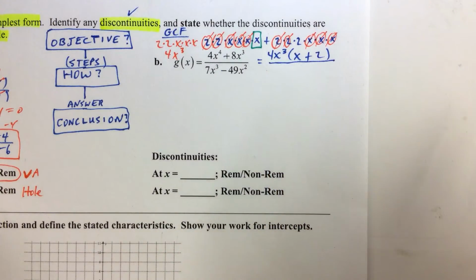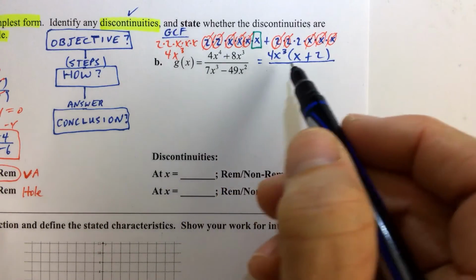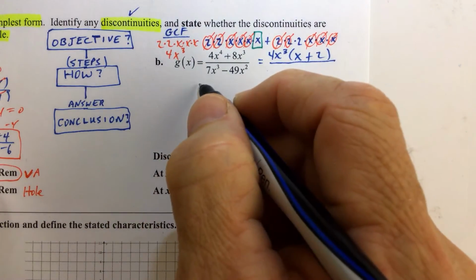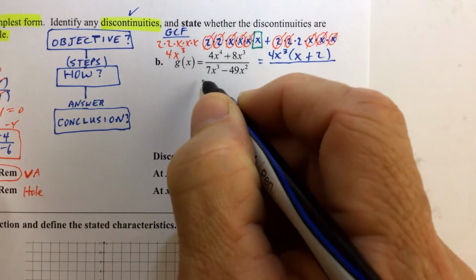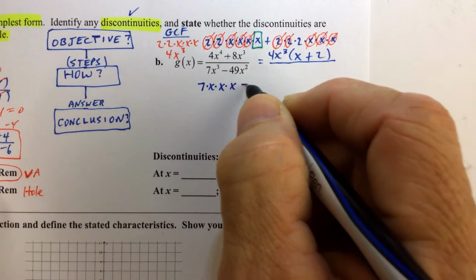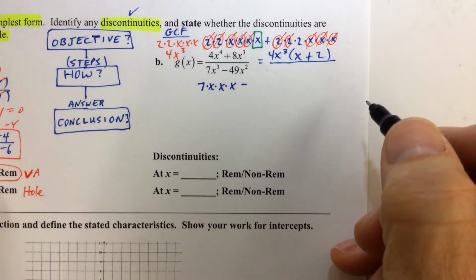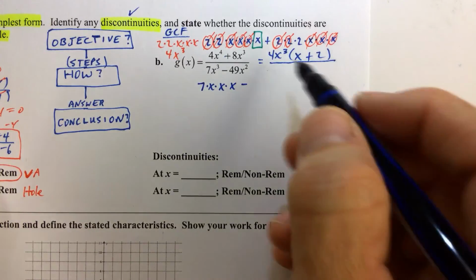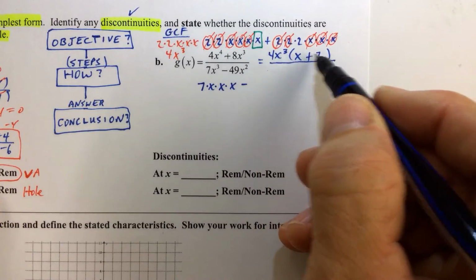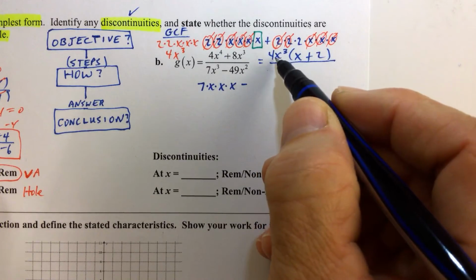I urge you to pause the video and see if you can factor the denominator in the same way that I factored the numerator, and I'll go ahead and do that. Now, we're going to rewrite the denominator here, 7 times x times x times x. This is just in an effort, guys, to help you visualize why this is the factored form of the numerator.